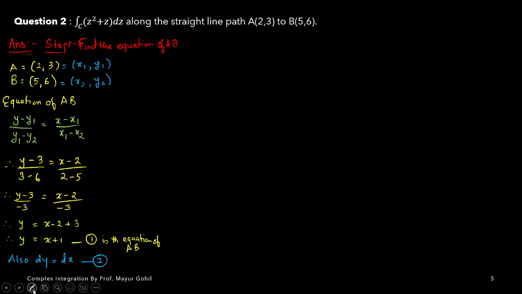Now let us go for step number 2, which is to find dz. So how do we do that? In this case, we let z equal x plus iy, as we know.